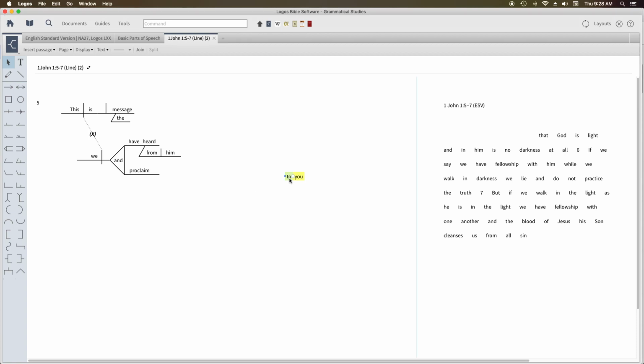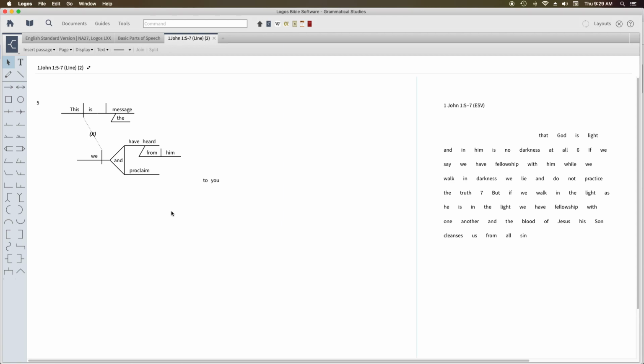Now, there would be some question as to whether the phrase here, to you, would be a prepositional phrase, because the word to is often a preposition. But my rule of thumb is that unless it's showing some kind of emotion towards something, it's going to be an indirect object.